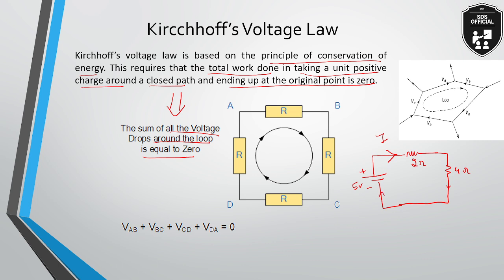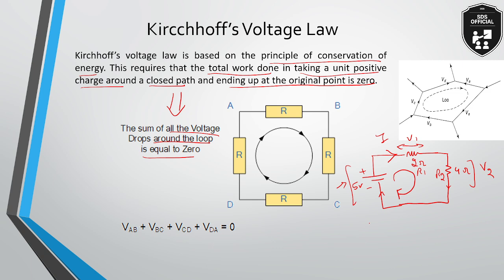What will happen then? There is a voltage source and there will be a voltage drop here, V1, and there will be a voltage drop over here, V2. Let us say this is resistor R1 and this is resistor R2. Kirchhoff's voltage law states that this is a closed loop, and the sum of voltages in this loop will be equal to 0.